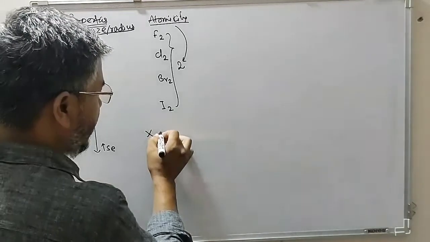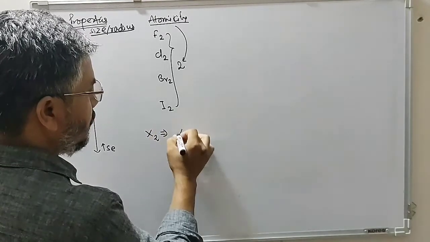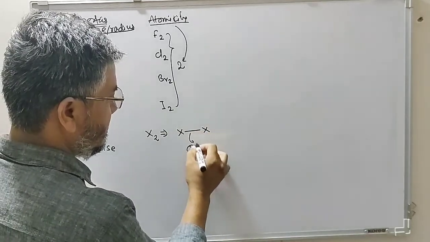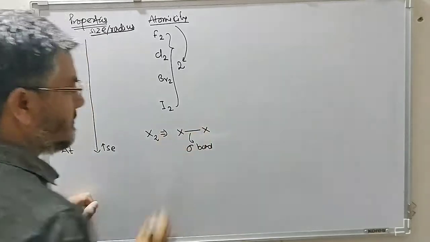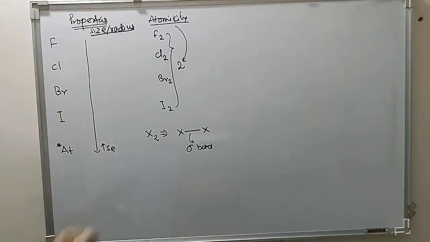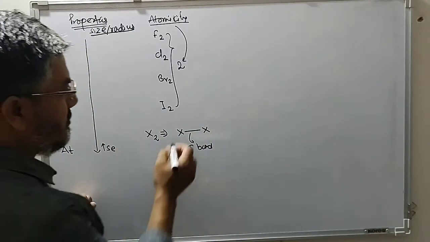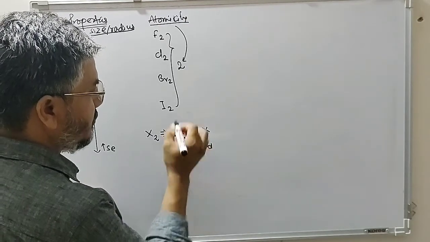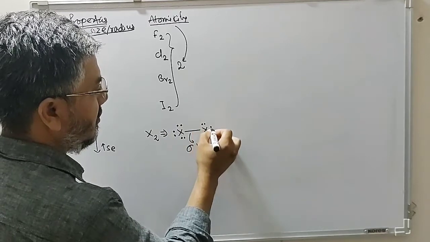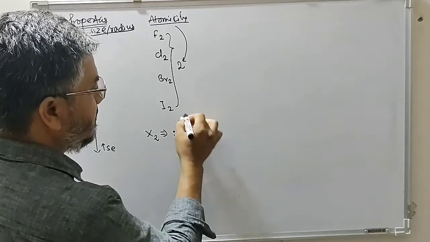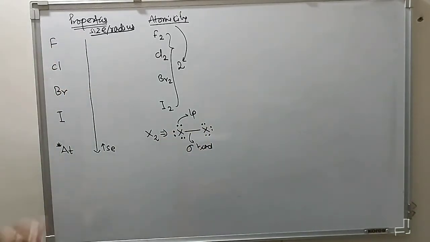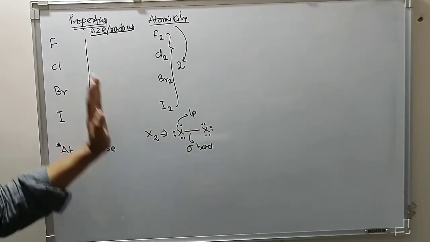These overlap to form a sigma bond. After formation of this sigma bond, each halogen has 3 lone pairs of electrons. This represents the lone pair electrons. So this is the atomicity of these elements.